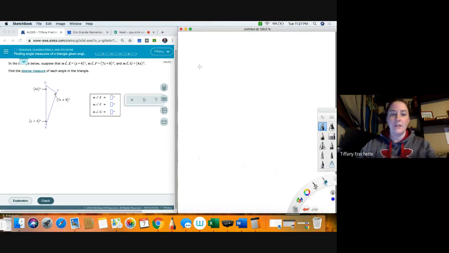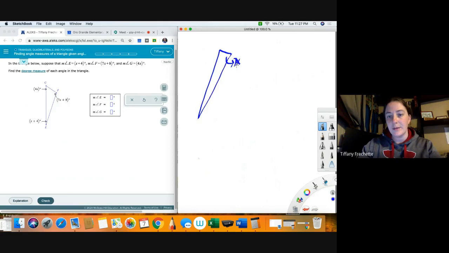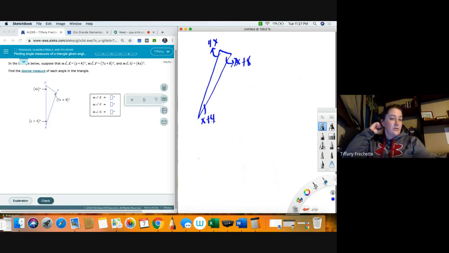Okay, so in this case, they're not giving us any 90s, and that does look pretty ugly. It's not terribly important, as long as you draw it so that you can write out pieces here. All right, so we do know, even though we don't have a 90-degree angle, we still know they all have to add up to 180 degrees. So we're still going to take that step.